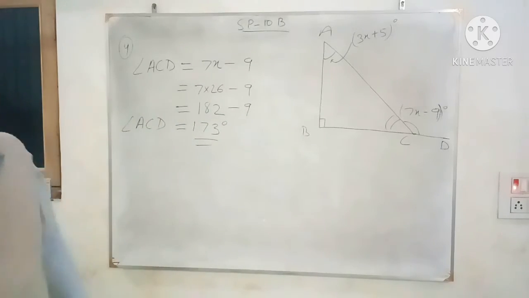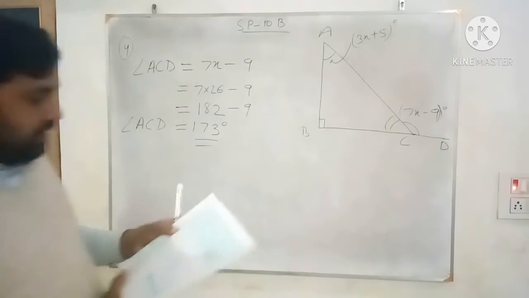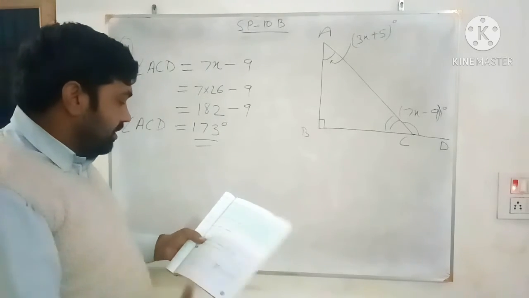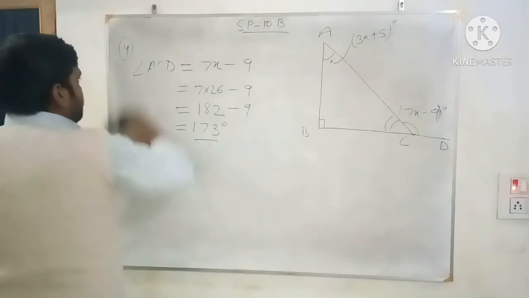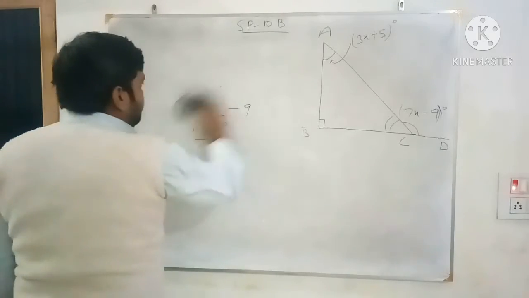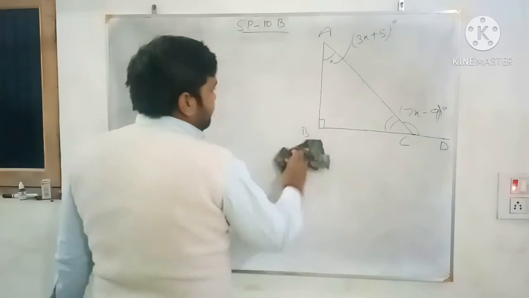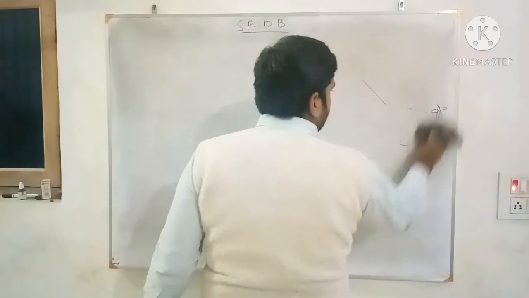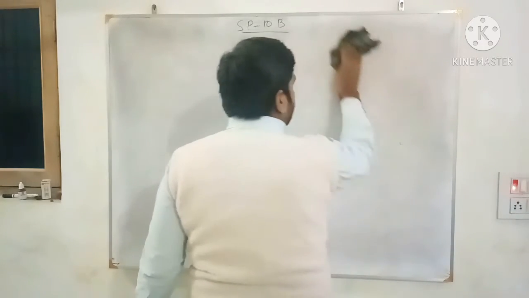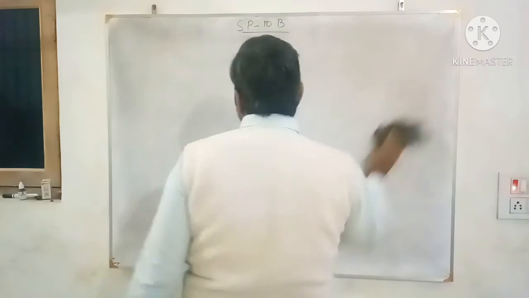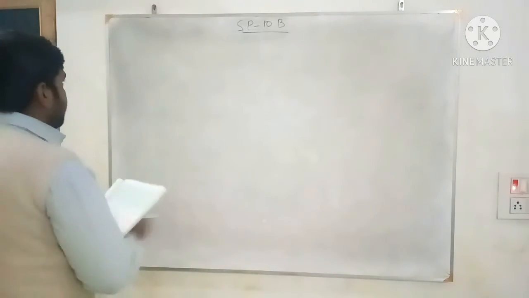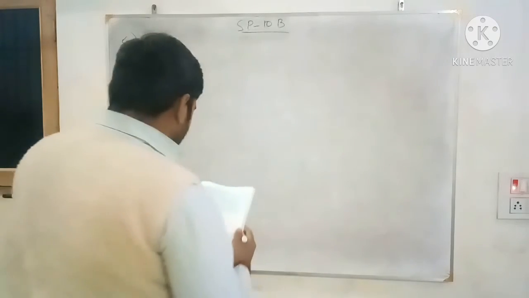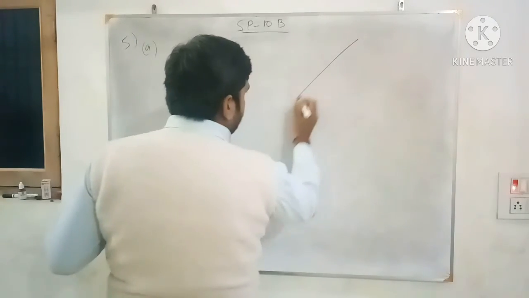Now we move to the next question, question number 5. In this way, to find the unknown angle without using the angle sum property of the triangle. See the fifth one, how we do. In this there is a triangle.